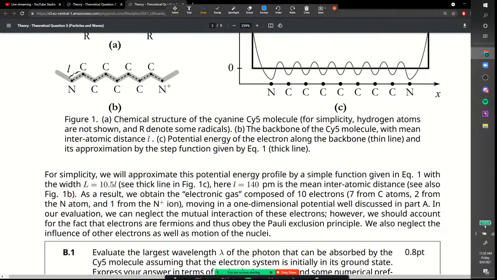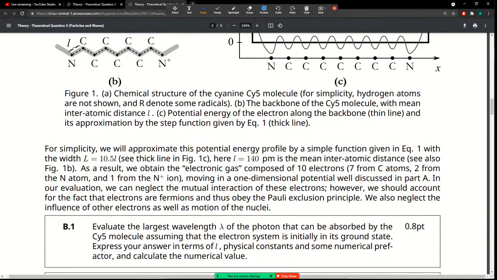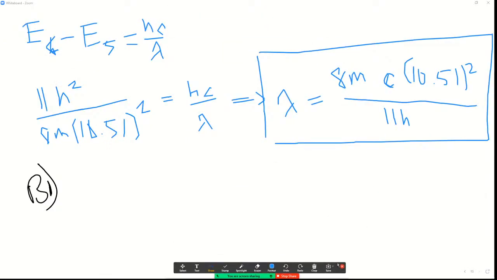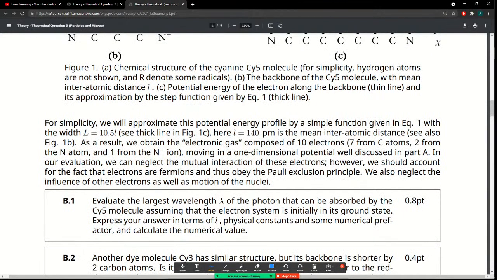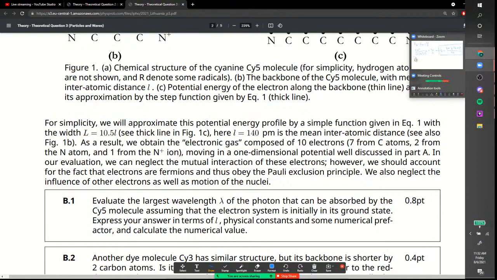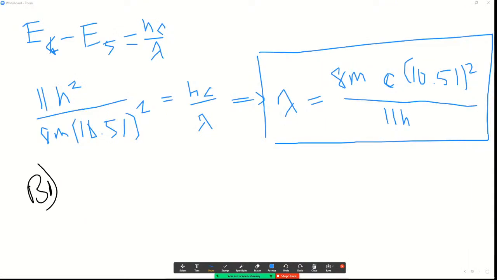That is 9.1 times 10 to the power minus 31. And also this is 10.5 L. Okay, you have taken L. 10.5 into, and L is here 140 picometer, 140 times 10 to the power minus 12, squared, divided by 11.